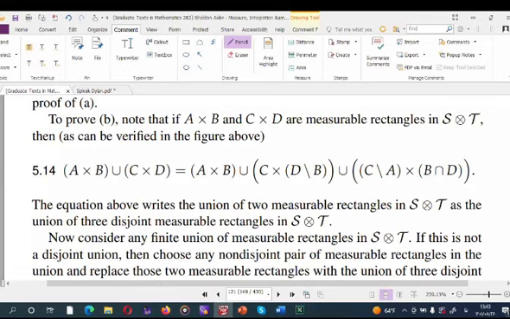Three disjoint measurable rectangles in this sigma algebra. Now consider any finite union of measurable rectangles.